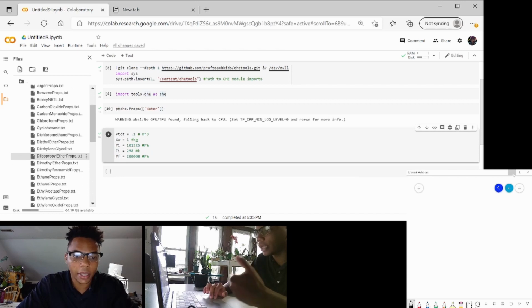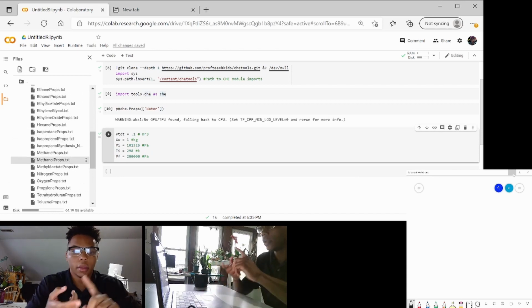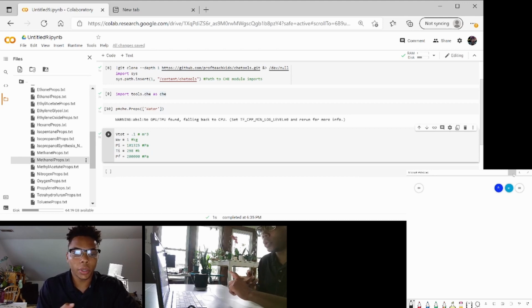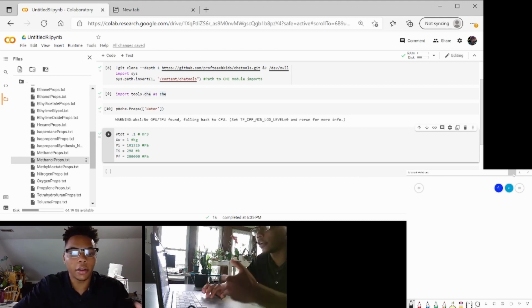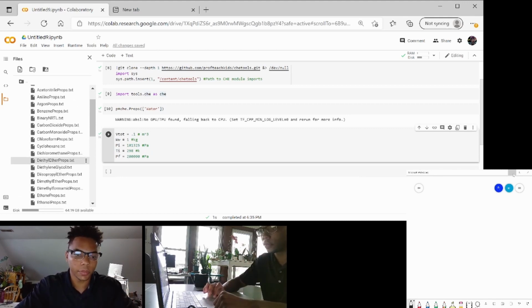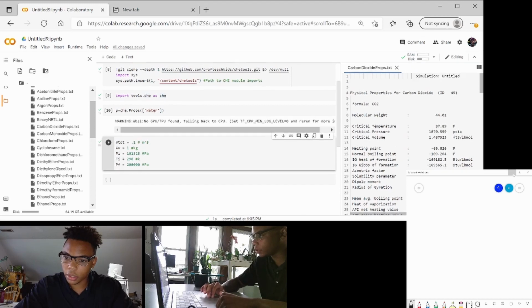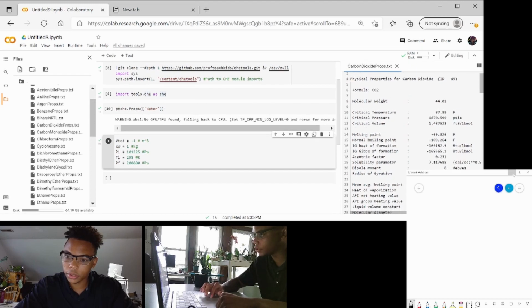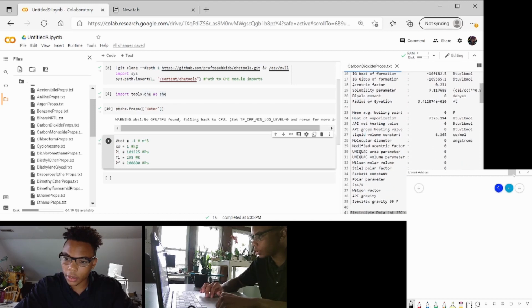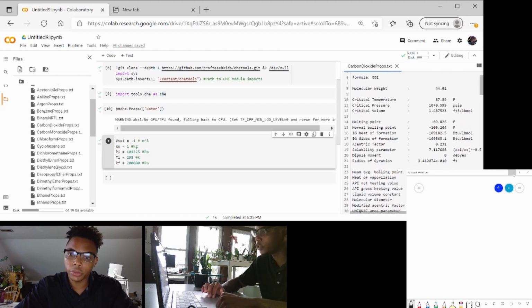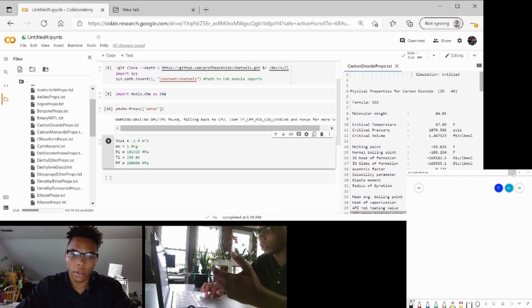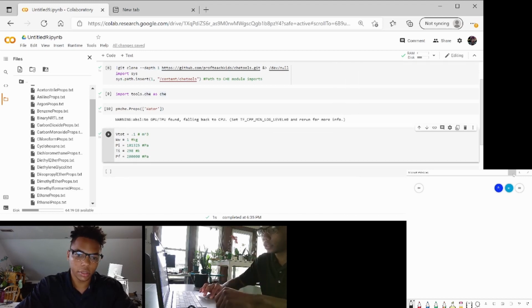It's an entire database of different critical temperatures, boiling points, just different properties of a lot of different liquids and mixtures. So let's just look at carbon dioxide. We see we have molecular weight, critical temperature, and we can import this right into our data by using our tools. Just want to show you that.